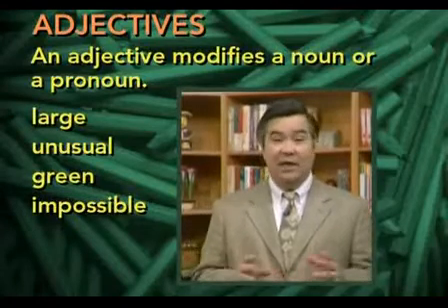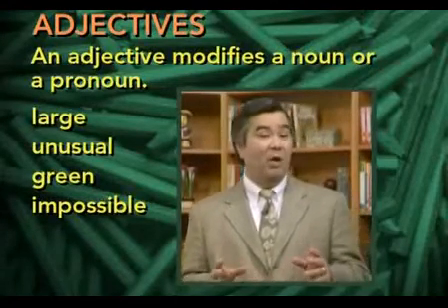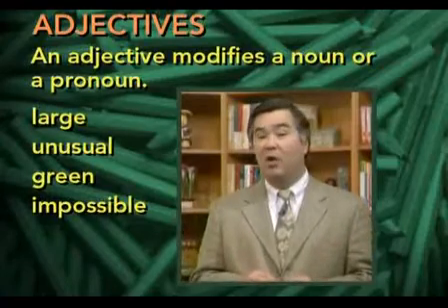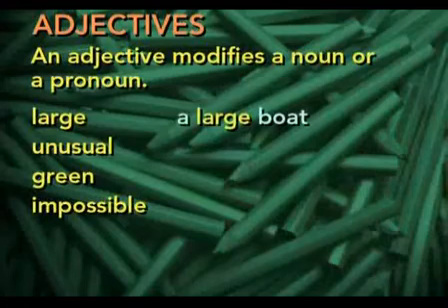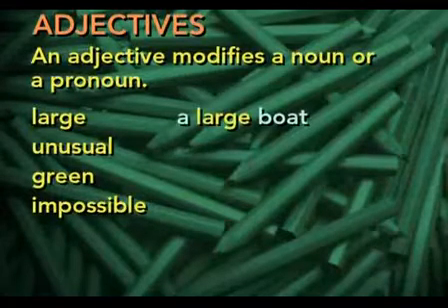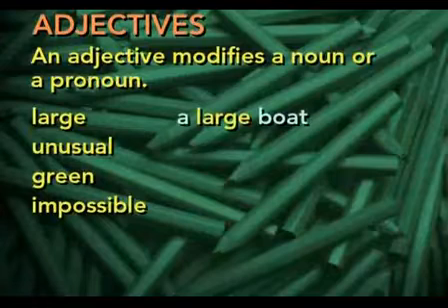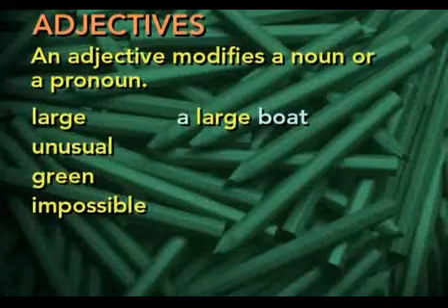For example, if I were writing a sentence about a boat, that word boat would be a noun. If I described it as a large boat, the adjective large would be modifying the noun boat and would be giving us more information about the boat. It would be telling us something about what kind of boat it is.